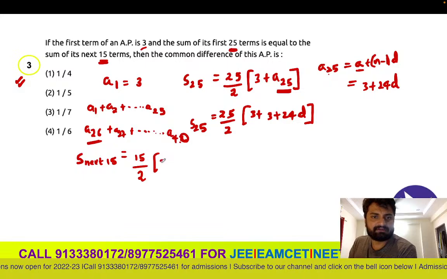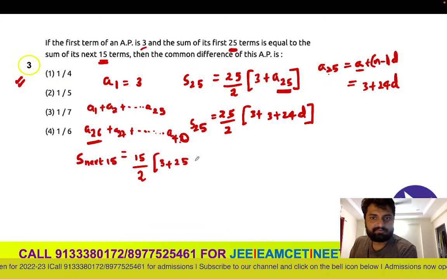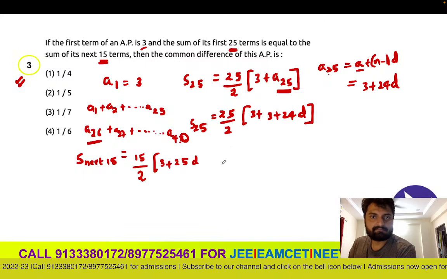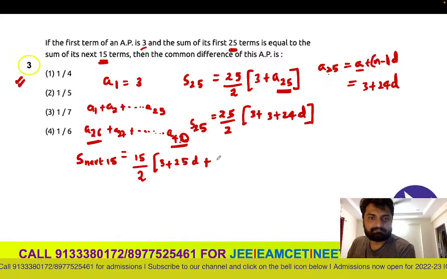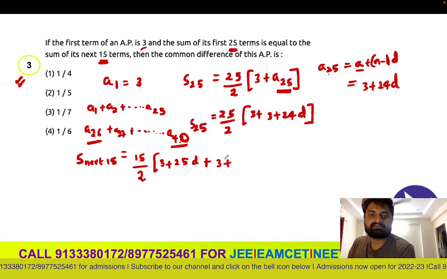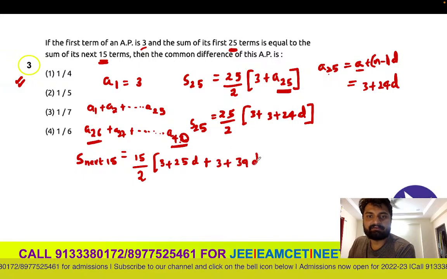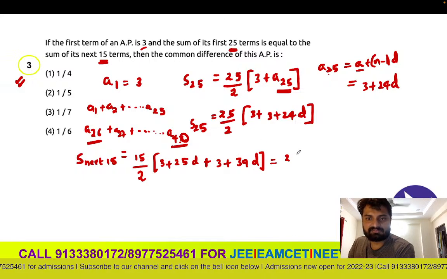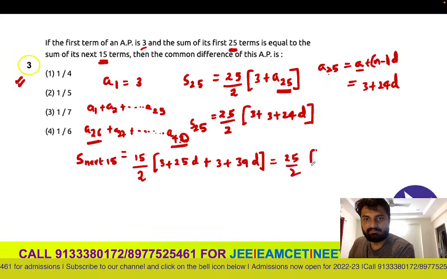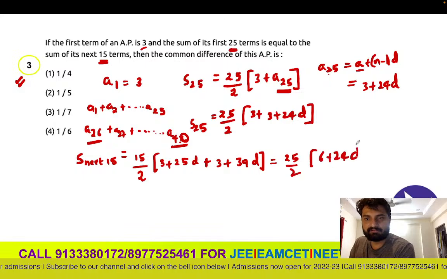A26. How do you write A26? A plus 25D. Then the 40th term will be A plus 39D. So they are saying these two are equal. So this is again 25 by 2, 6 plus 24D.